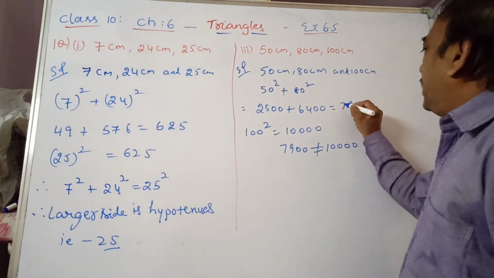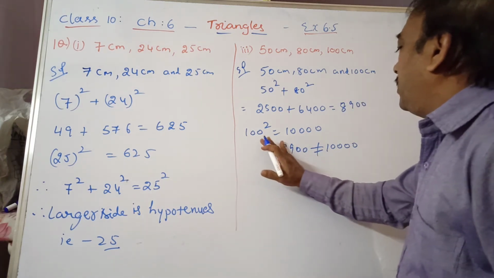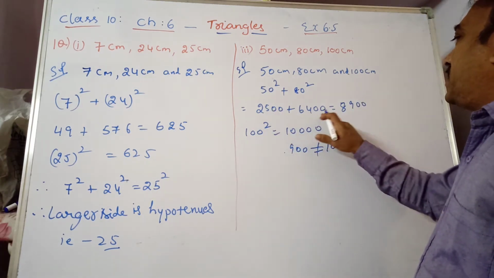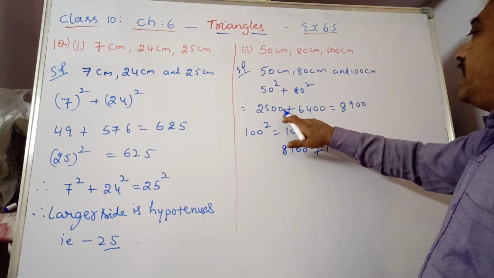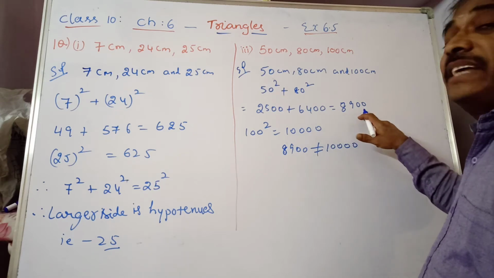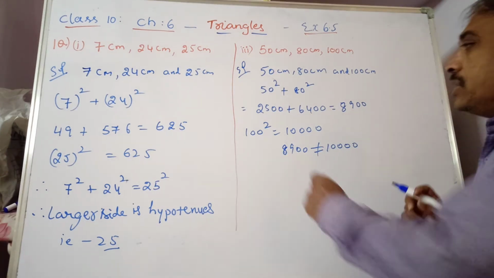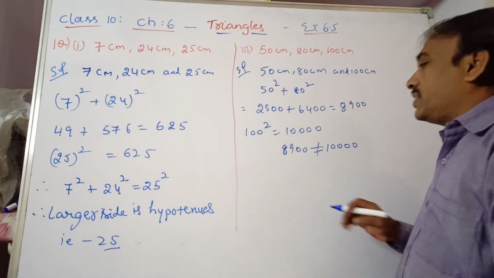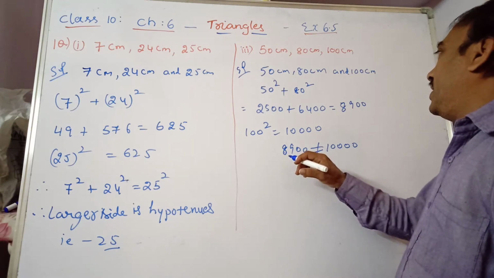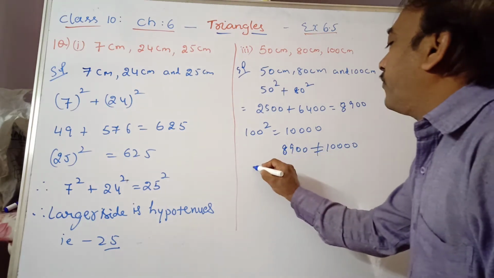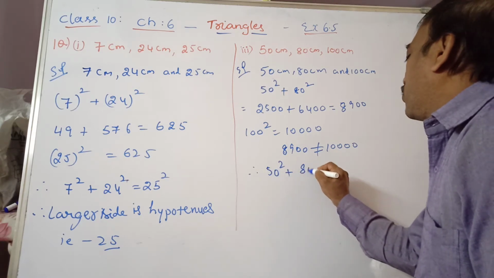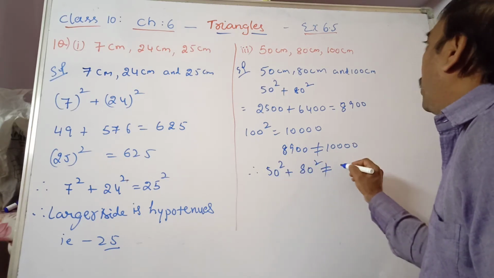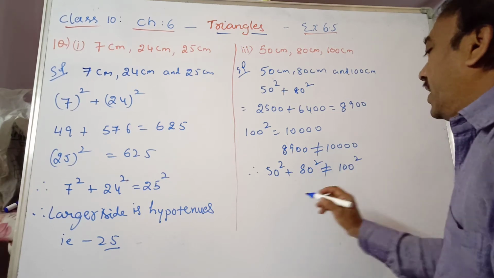Here, it is 8,900, sorry. 2,500 plus 6,400 is 8,900. I'm sorry. So 100 square is equal to 10,000. 8,900 is not equal to 10,000. Therefore, 50 square plus 80 square is not equal to 100 square.